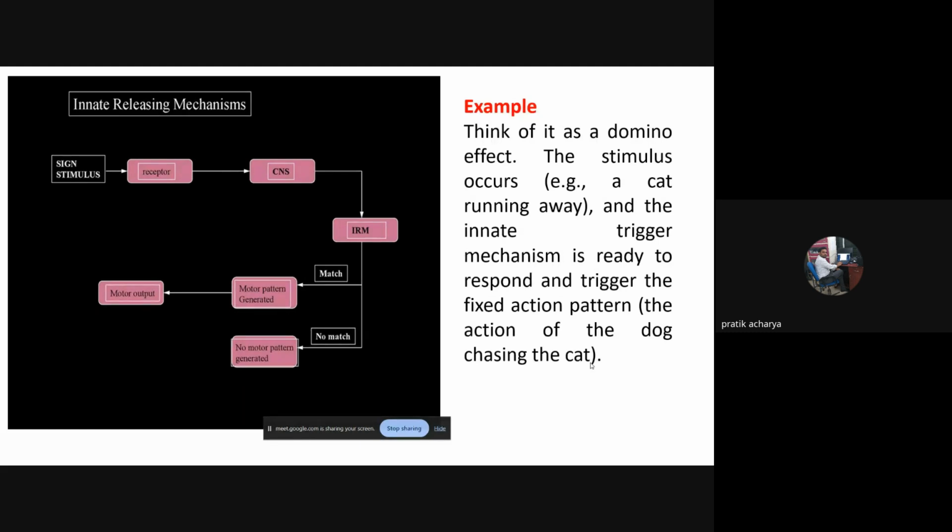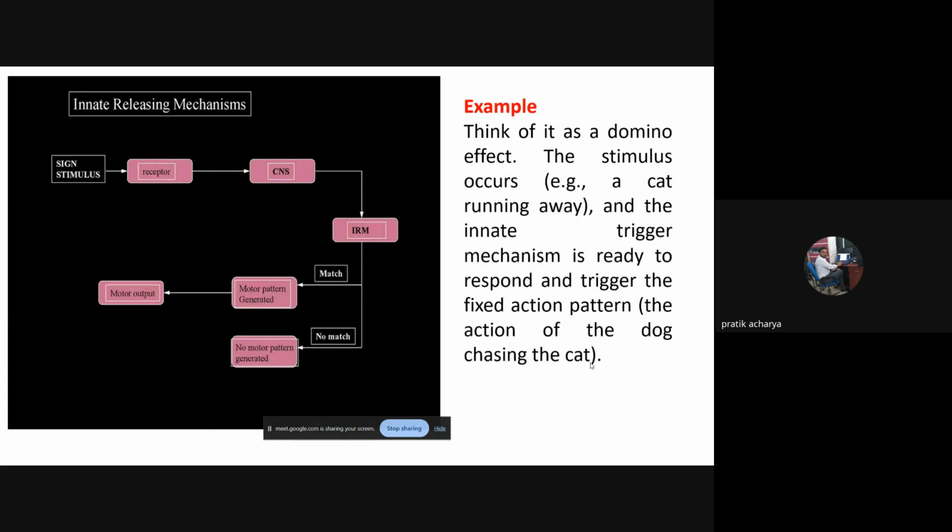The example describes the cat-dog relationship. We all know that when there is a fear from a dog, that means the dog starts a facial expression towards the cat.